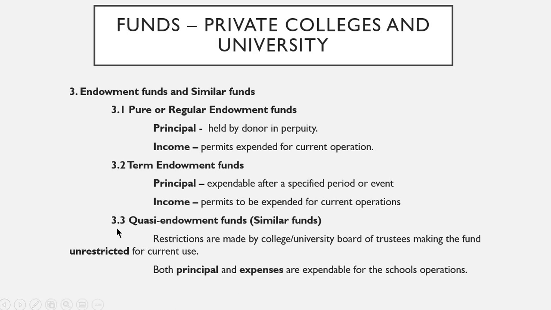Pero yung mga quasi-endowment funds natin, yun na yung mga investment ng university na yung policies ay ginawa ng people within the organization. Again, for instance, ng mga board of trustees ng university. Both principal and income are expendable for the school's operation. Ayan, if it is a quasi-endowment fund.